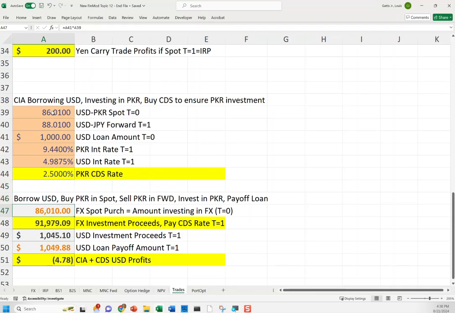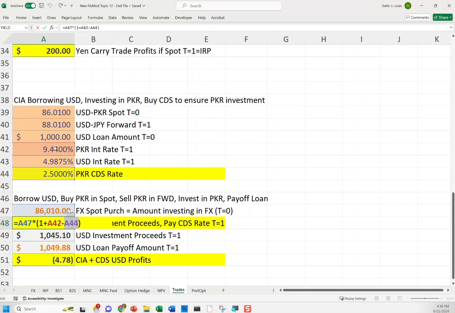So back to our problem, borrowing dollars and buying a Pakistan bond. I borrow $1,000 and buy 86,000 Pakistan rupees. I invest that at 9.44%, but I don't get my 94,000 anymore. Notice I have a calculation here. I'm going to gain 9.44%, but I'm going to pay the CDS. I'm paying 2.5% of my 9.44 to guarantee the payment of the bond. So I don't get all 9.44.